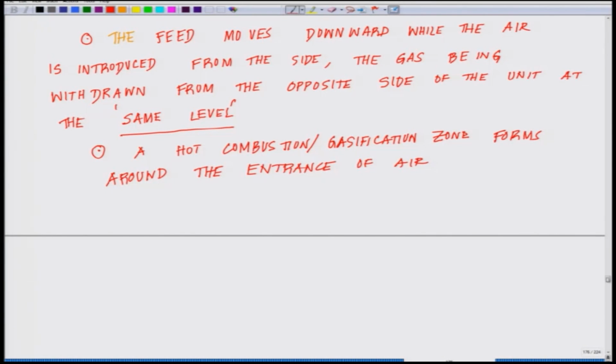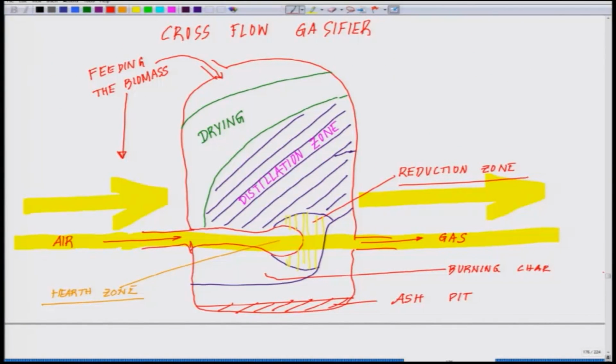If you look at the picture very carefully, you will see. So, this is what we are talking about. The air is entering out here, and this is where a lot of the reactions are taking place.